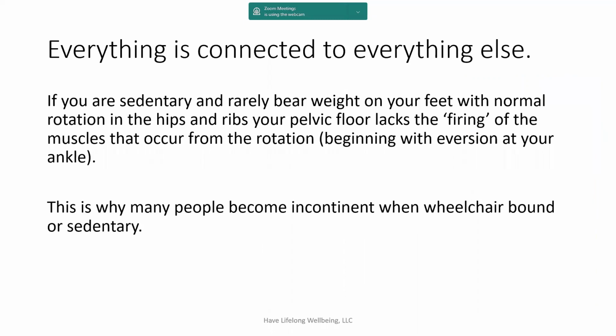And if you're sedentary, which I mentioned earlier, you rarely bear weight on your feet with normal rotation in the hips and ribs, your pelvic floor lacks the firing of the muscles that occur from the rotation, which begins with eversion at your ankle. And this is why many people become incontinent when they're wheelchair bound or they're sedentary.